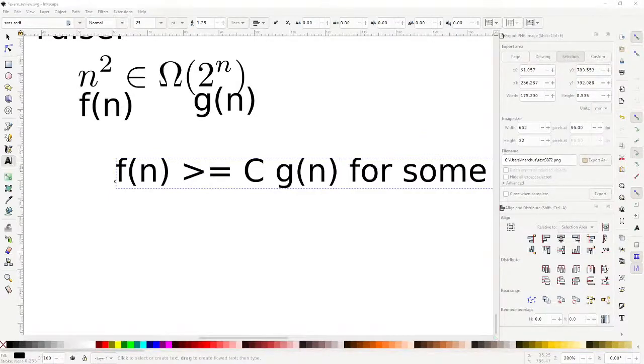The limit as n goes to infinity of f of n divided by g of n has to be bigger than or equal to the constant c. This is the equivalent statement in terms of limits.